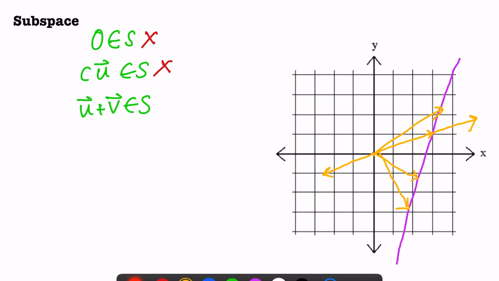Let's take two vectors, one is this vector, another one is this vector, and let's add these two. The resultant vector doesn't fall on that line. So this is not closed under vector addition as well. As this line is not going through the origin, this is not a subspace of this xy plane.